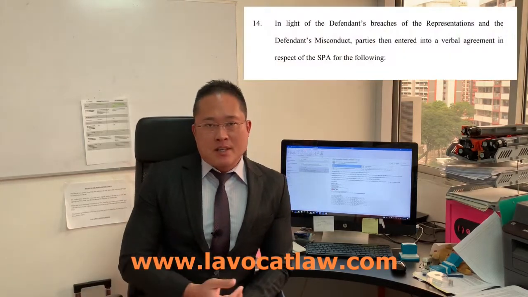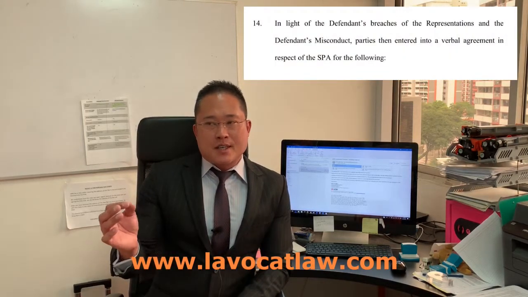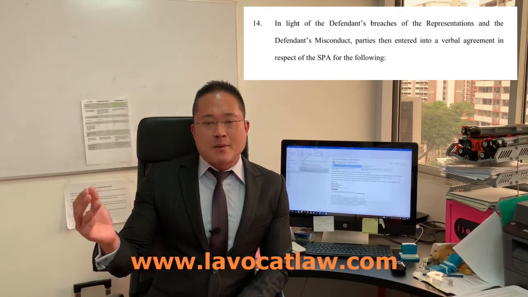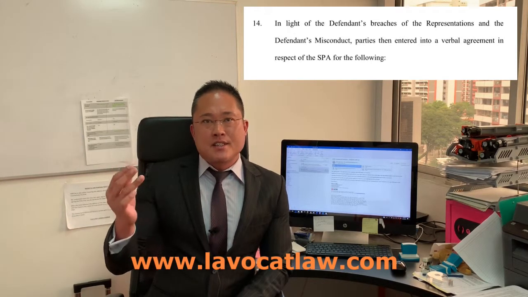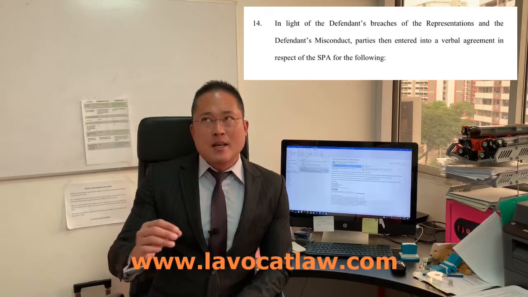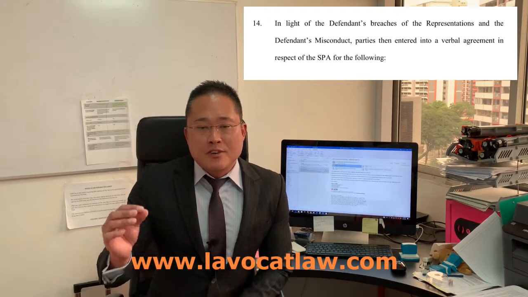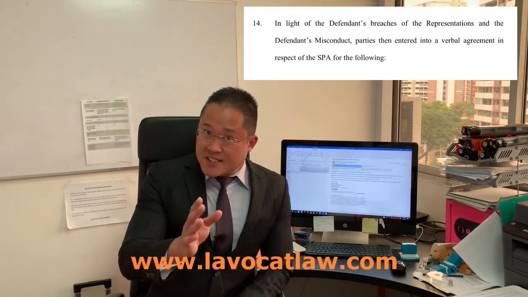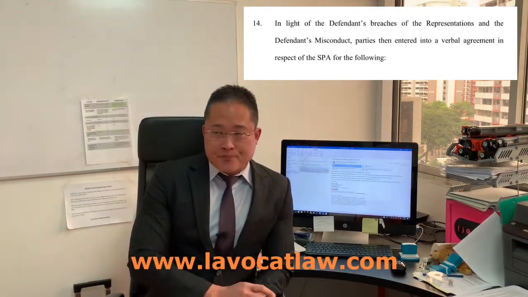For example, if the statement of claim says something like, in light of the defendant's breaches of the representations and the defendant's misconduct, parties then entered into a verbal agreement in respect of the following. So that's the allegation in the statement of claim.